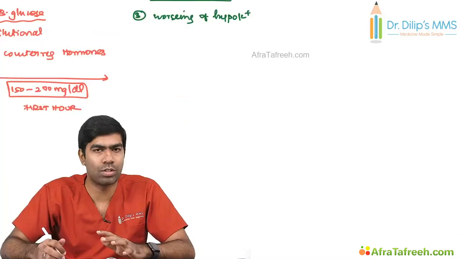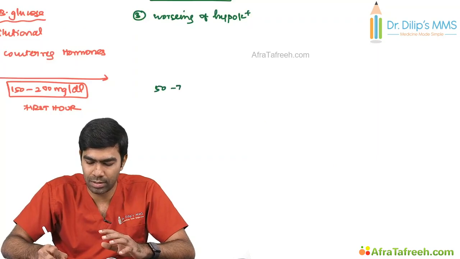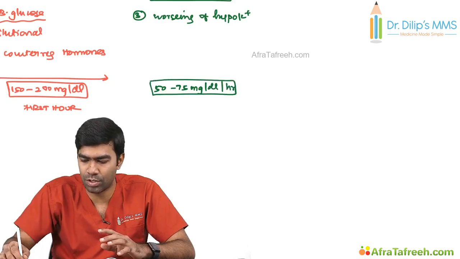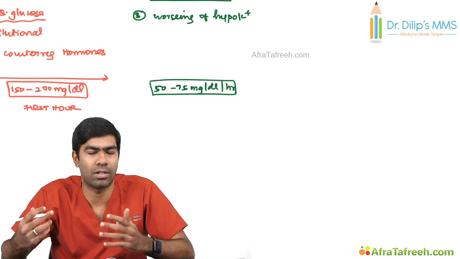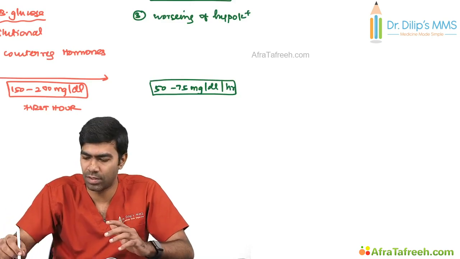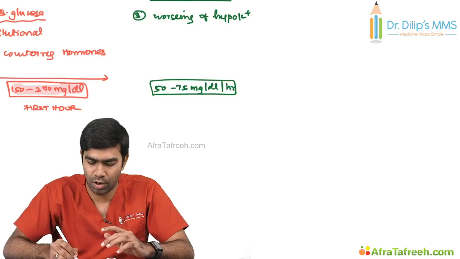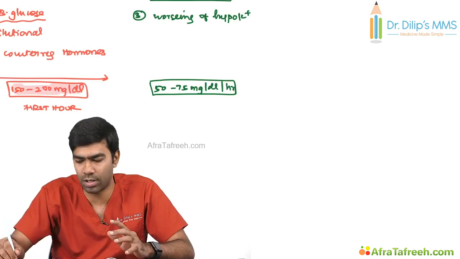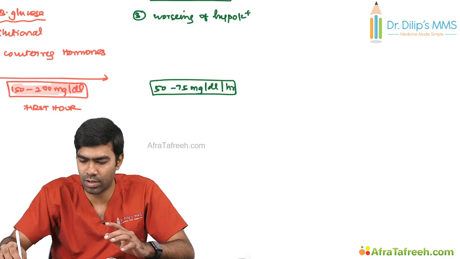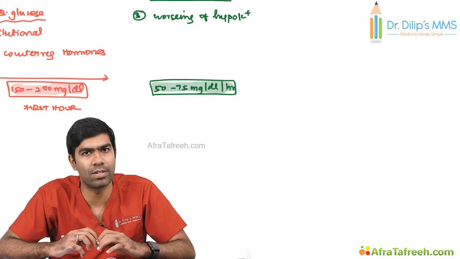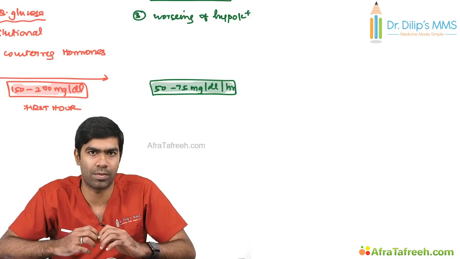Obviously, once we start the insulin infusion, your blood glucose is going to fall, and the target fall is approximately 50 to 75 milligrams per deciliter per hour. Once you start with the fluids itself, in the first hour, your blood glucose is going to fall by approximately 150 to 200. But once you start insulin, you have to be a little bit guarded, and reduce the blood glucose by approximately 50 to 75 milligrams per deciliter per hour.